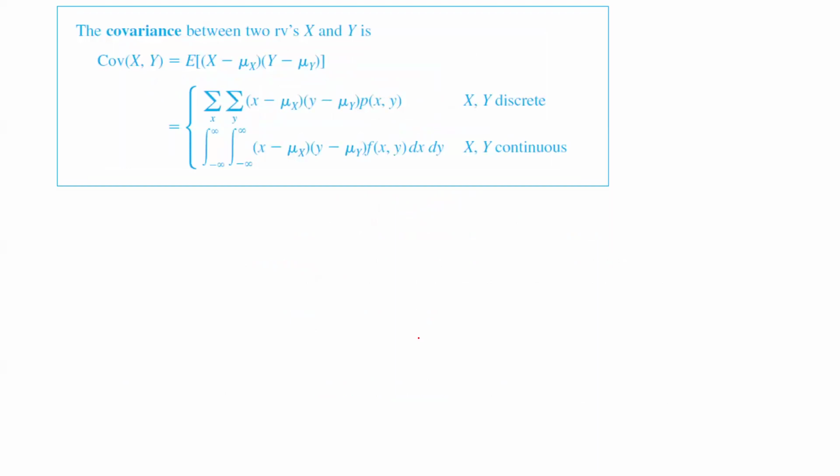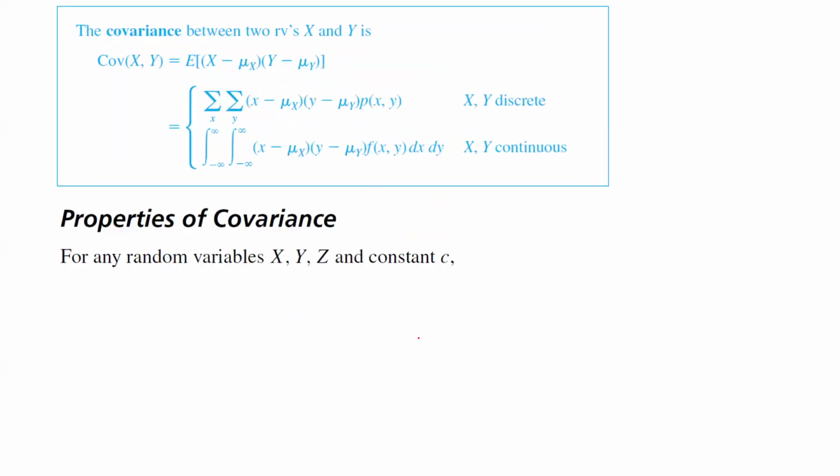Now the definition of covariance and some properties of covariance. For any random variables x, y, and z and constant c, first of all, the covariance of x and x is nothing but the variance of x.